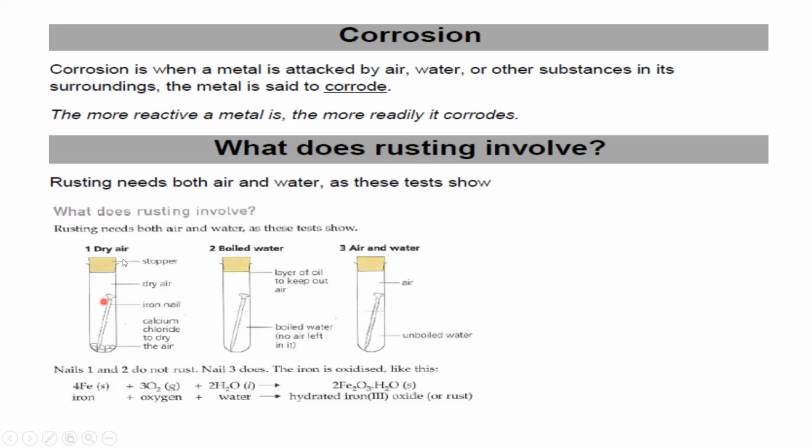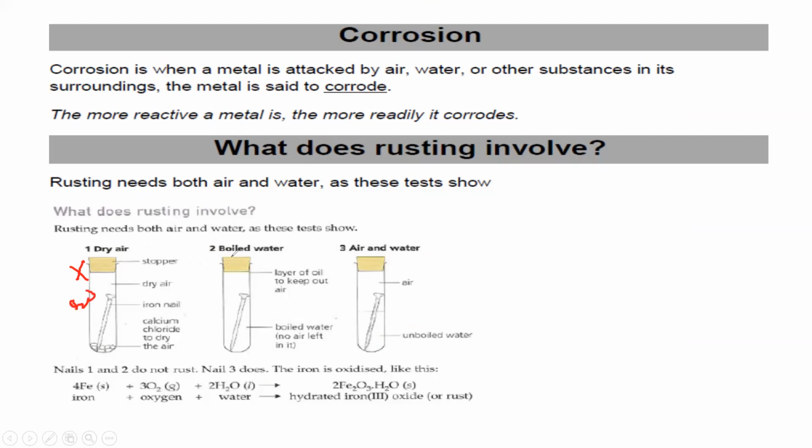For example, if we have one test tube which has dry air, it means there is no water. Another one has boiled water, which means no oxygen. Another one has air and water, both present, unboiled water. Which one will rust? The first one will not rust because there is no water.